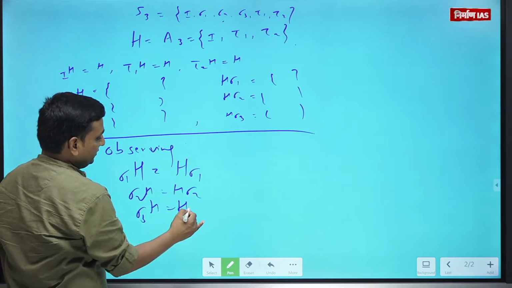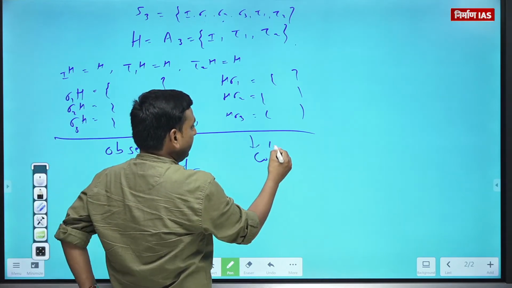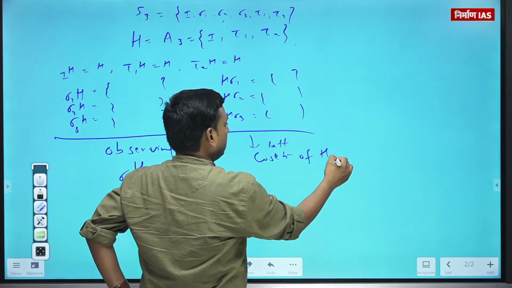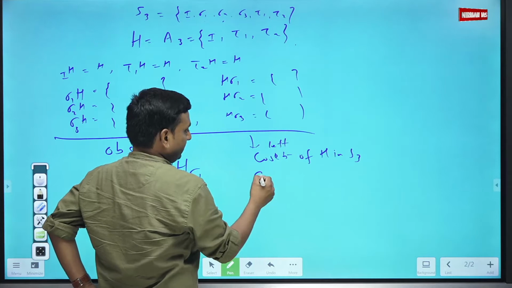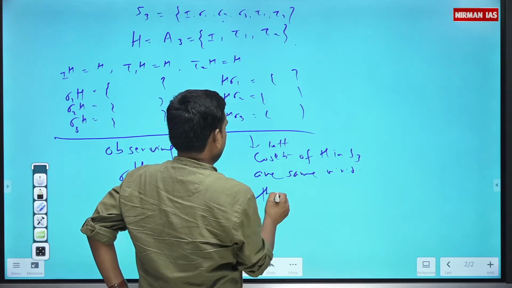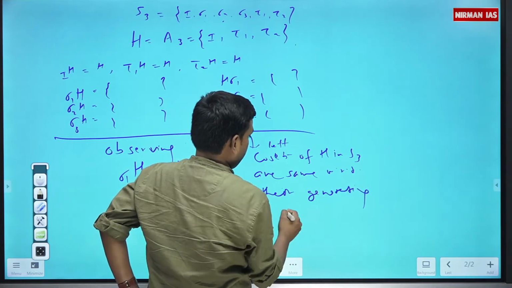Sigma 3 H is H sigma 3. Ultimately, left cosets of H in S3 are the same as right cosets with respect to their generating elements.